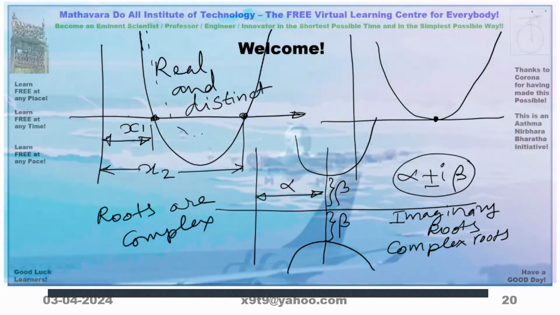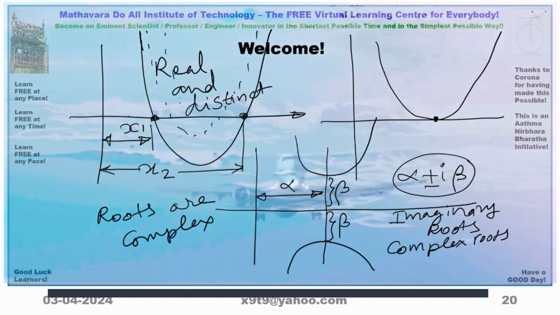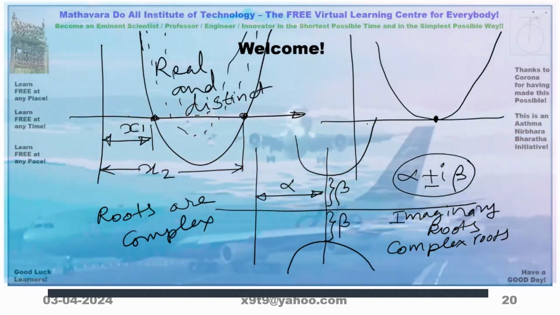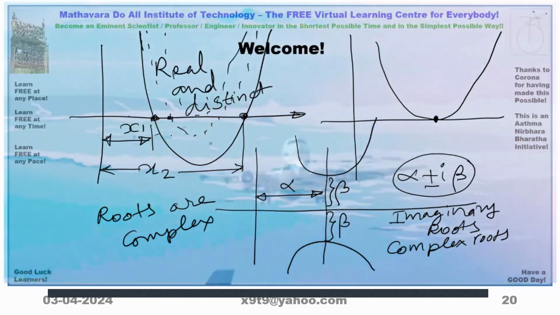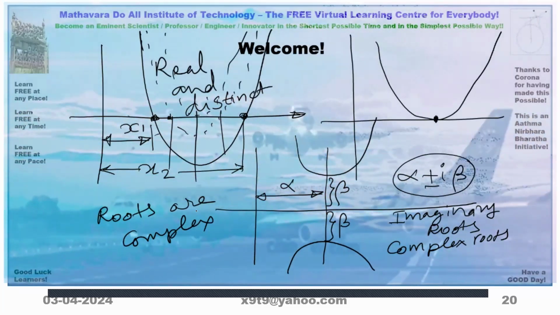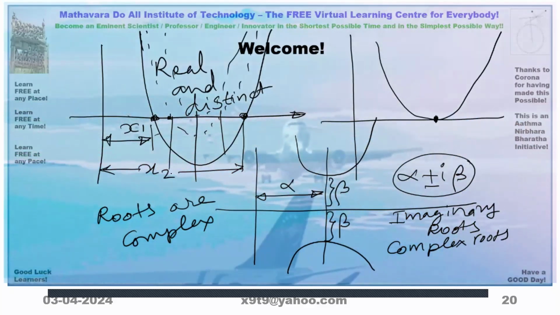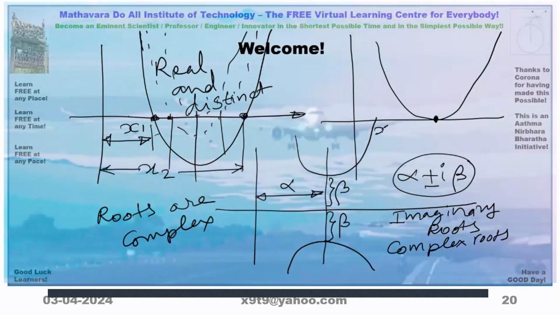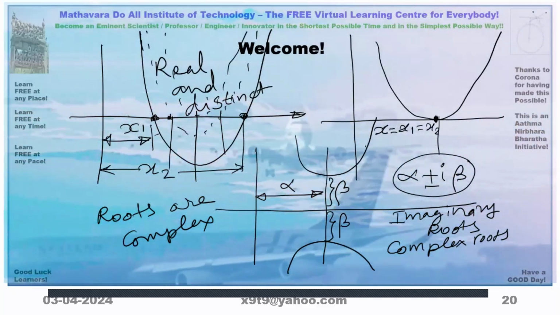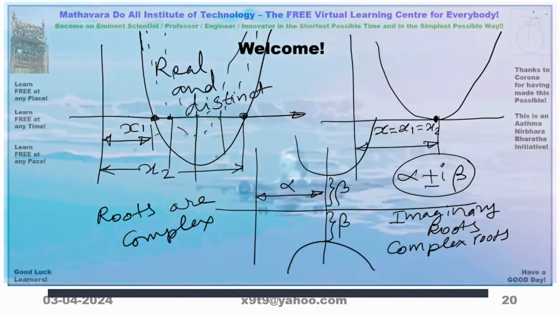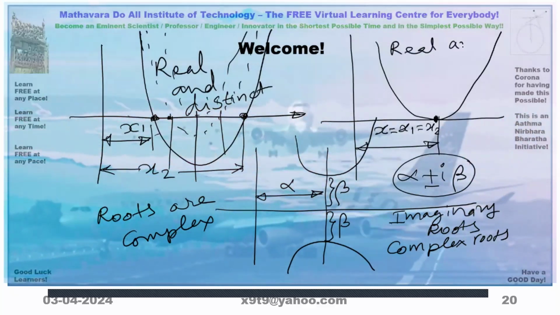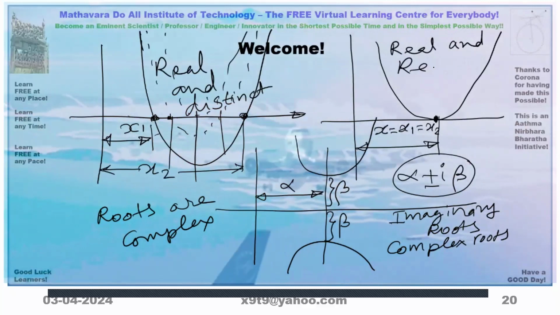That means you keep on raising like that. So at one point, this x1 will keep on increasing and this x2 will keep on decreasing, and at that point x1 and x2 are equal. So we can call it x, which is equal to x1, which is also equal to x2 here. So in this case, we say it is real and repeated, the same value repeats.